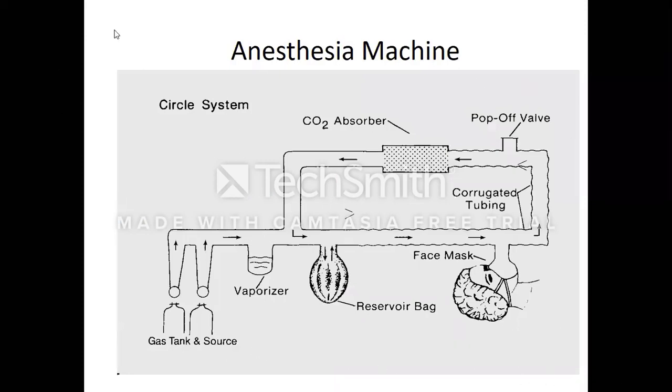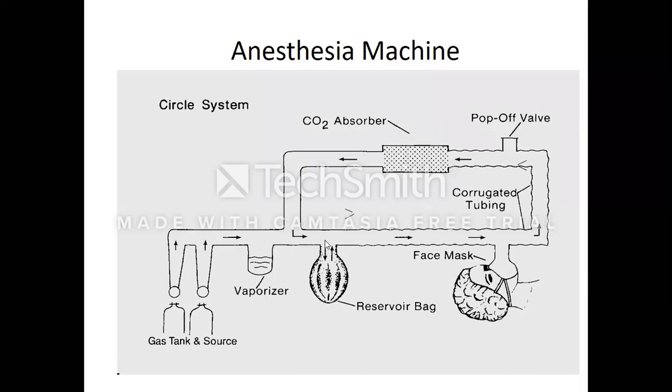This is an anesthesia machine, where you can see there are gas tanks which you can fill with gas, or if there is a liquid, a vaporizer will vaporize it, and then there is a reservoir bag. Then there is also a carbon dioxide absorber, and a face mask which goes directly to the patient.